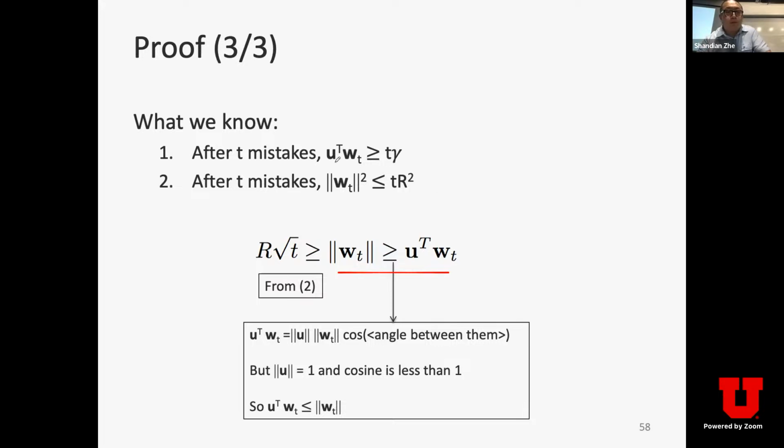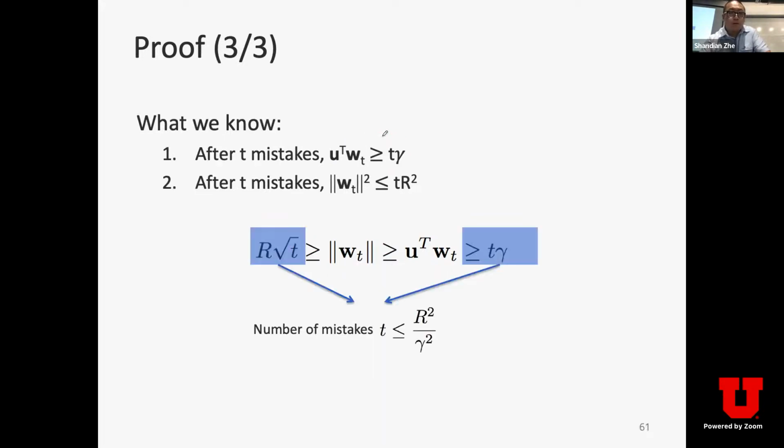Now you can link to the first inequality, U transpose WT is no less than T times gamma. So you just connect the right end and the left end and solve that inequality. You get the number of mistakes is no more than R squared over gamma squared. That's how we show that.